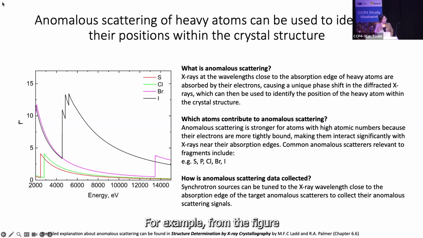For example, from the figure, we can see the absorption edge of chlorine, shown as the green line there, is close to the energy of 2,800 eV, which is 2.8 keV. So when the X-ray is tuned towards 2.8 keV, the anomalous scattering of chlorine can be well detected.